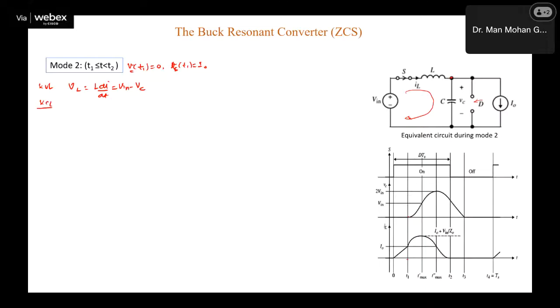So KCL gives us, let's say I define this to be IC, then IC is equal to IL minus I node. That is, let's say, another equation, 4 and 5. Now we will simplify these two equations. So IC is basically C dVC by dt equal to IL minus I node.